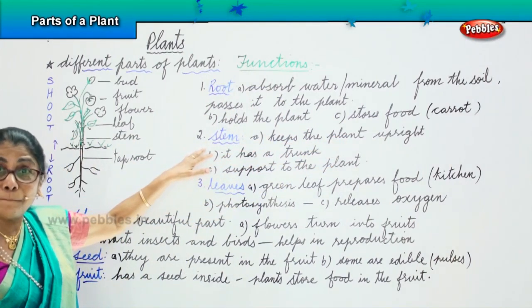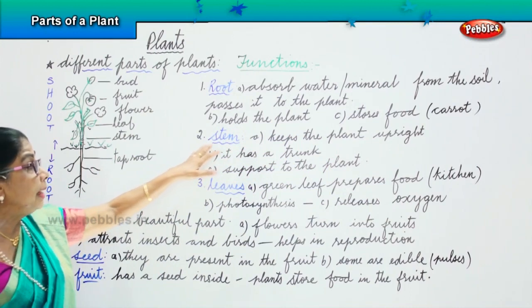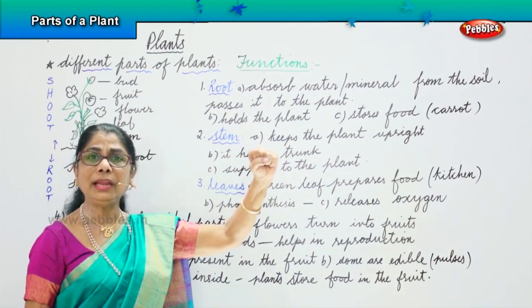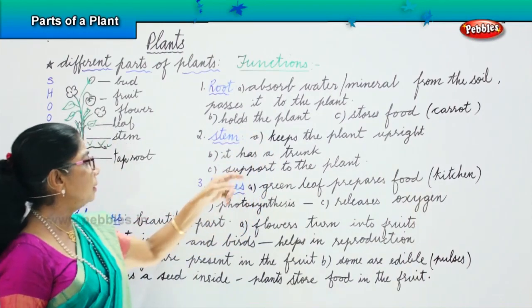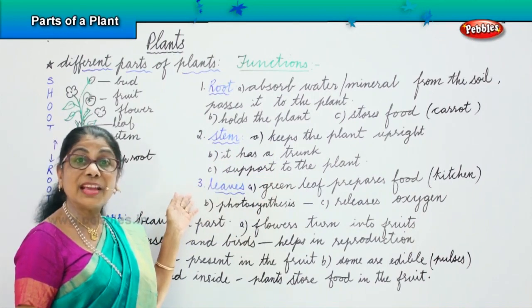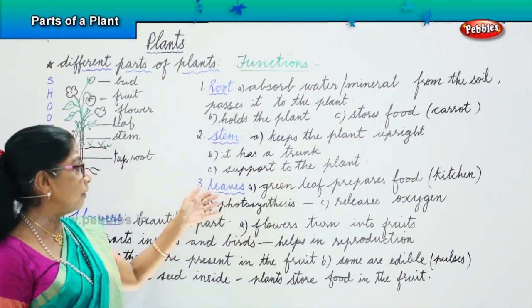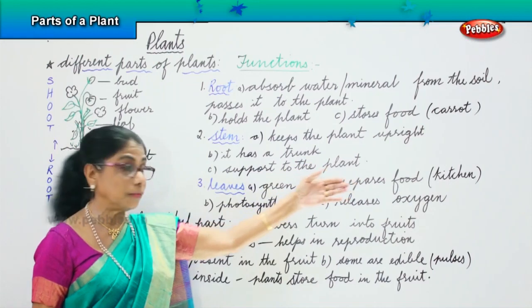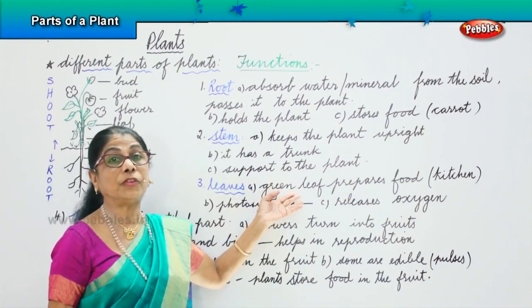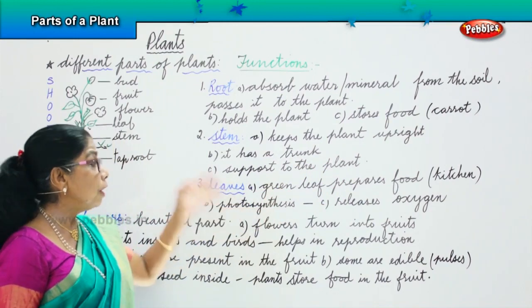Second, stem. What is the function of the stem? It keeps the plant upright. It has a strong part. It gives support to the plant. Leaves. The leaves are the most important part of a plant because it's called the kitchen of a plant, and the green leaves prepare food for the plant.